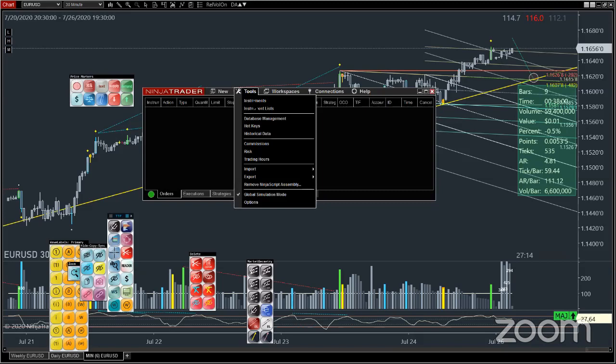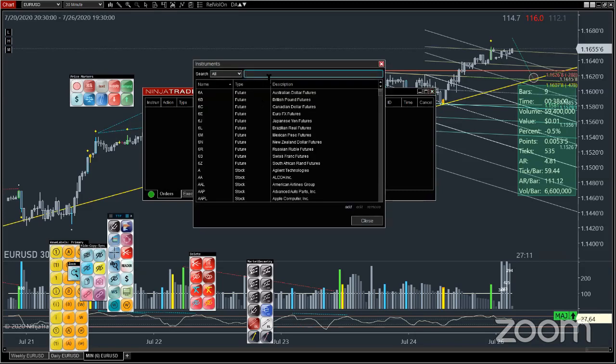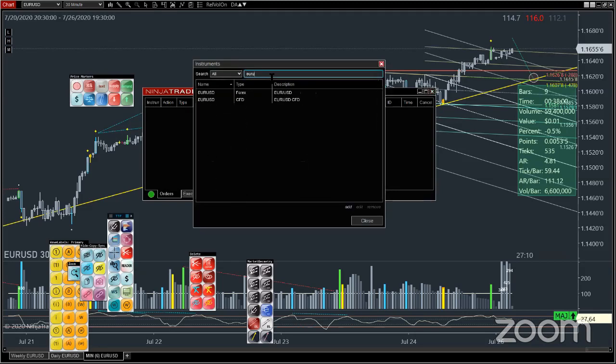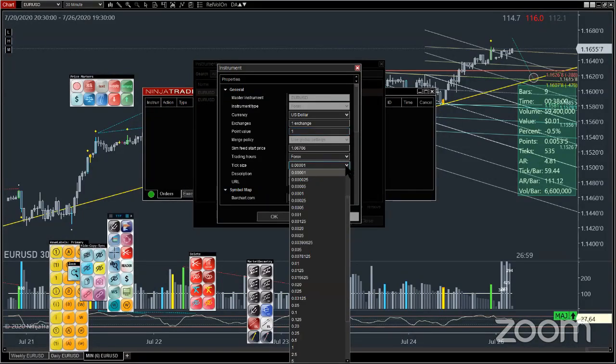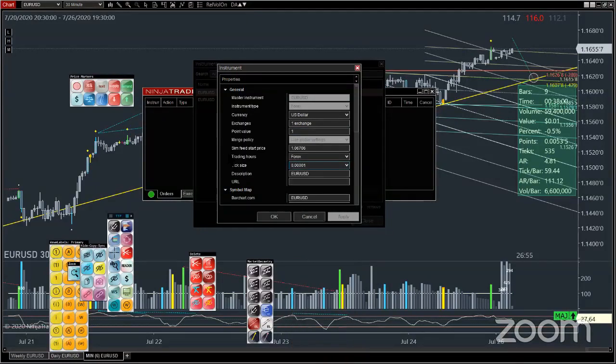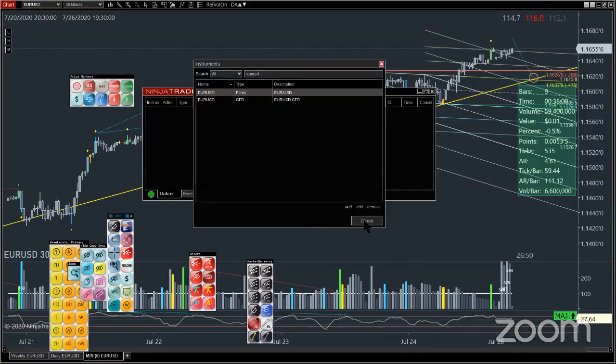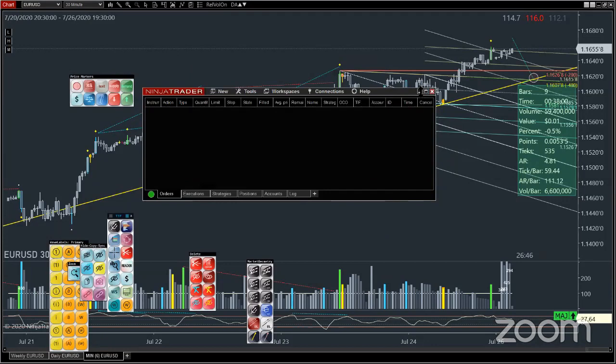Isn't that right? EURUSD. Yeah, you can, see? You can change that tick size. It's problematic for people. So if you're trading Forex, you better know it.